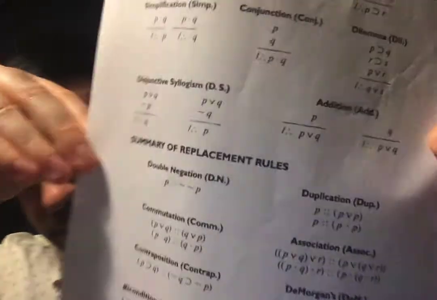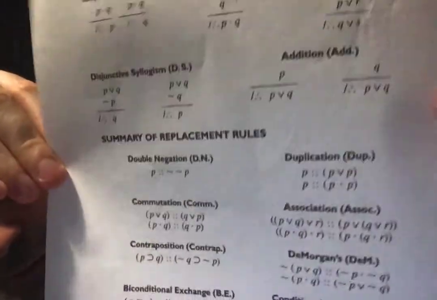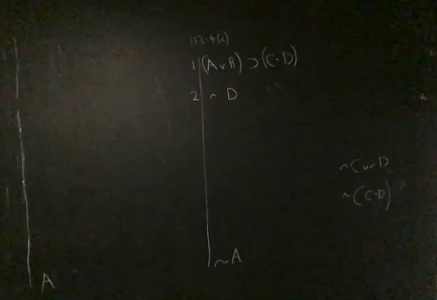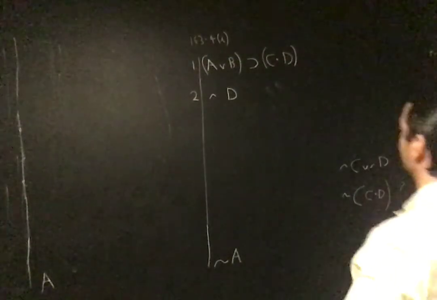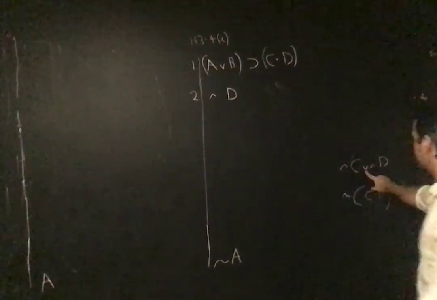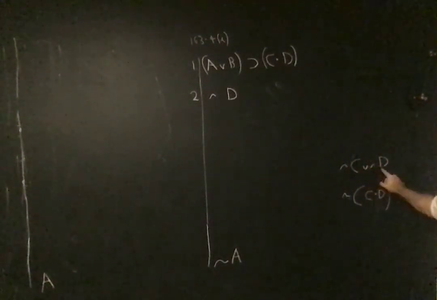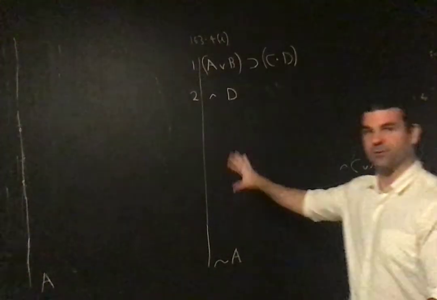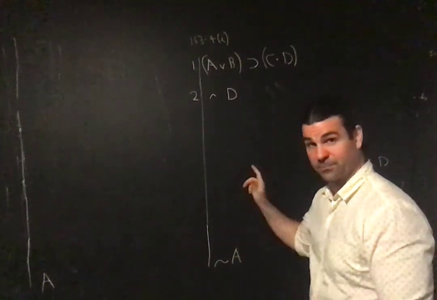We're actually going to use the second form of the rule here. See the second form from Q to P or Q, because right, not C or not D. It has to be in this order, right? This is not the same as not D or not C. Although if you did that, you could then commute.